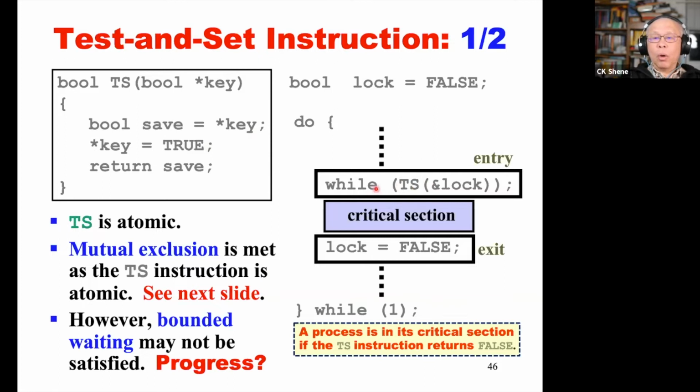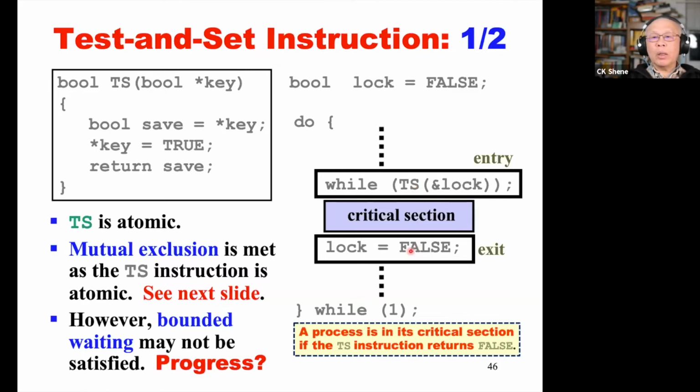So in this while we see that the return value is true, so we do it again. The next time you execute TS, you put the third true value into the lock variable, and the second copy of true value is returned by TS. So you keep doing this over and over until I exit and save false to lock.